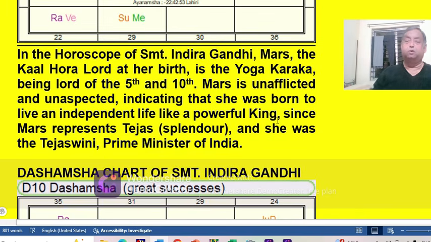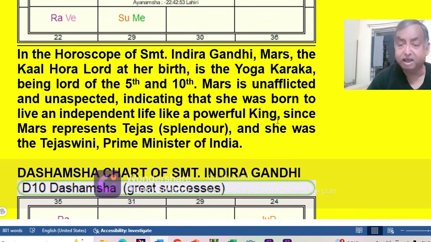In the horoscope of Srimati Indira Gandhi, Mars, the Kaal Hora Lord at her birth, is the Yoga Karaka, being Lord of the 5th and 10th houses. Mars is unafflicted and unexpected, indicating that she was born to live an independent life like a powerful king.